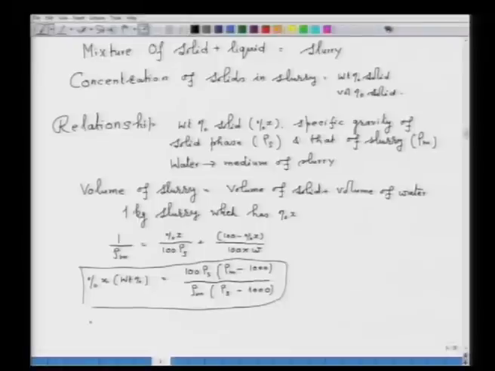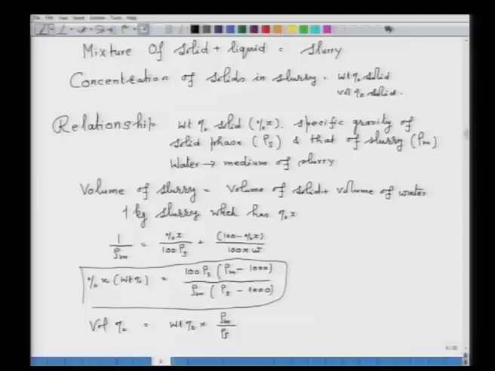So, now the volume percent of solid in slurry will be equal to wet percent into density ratio. That is how one can determine the wet percent or volume percent of solid in a slurry.